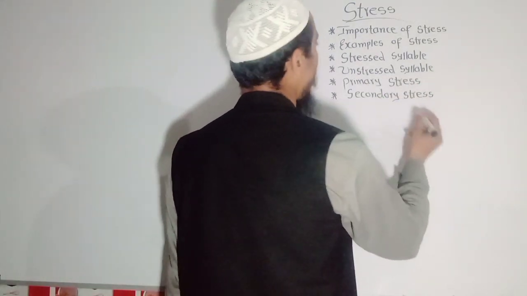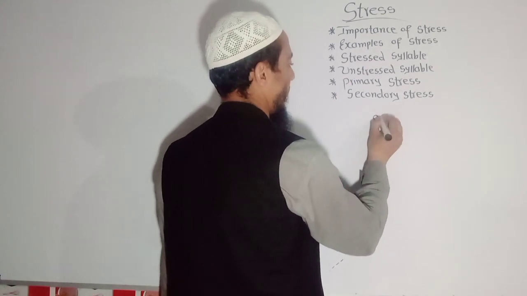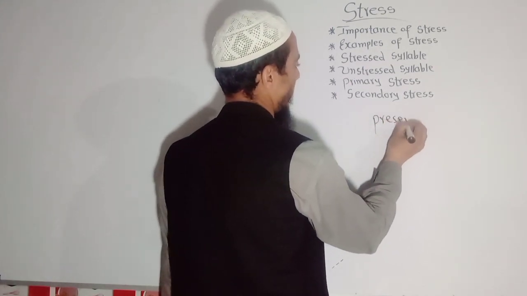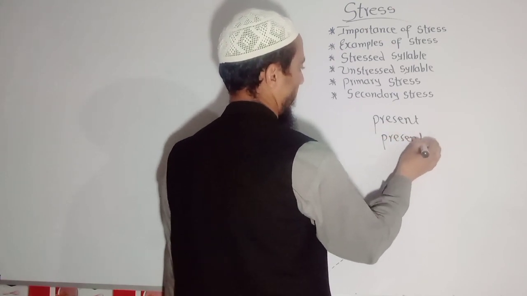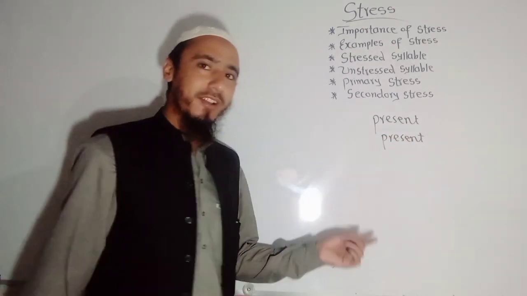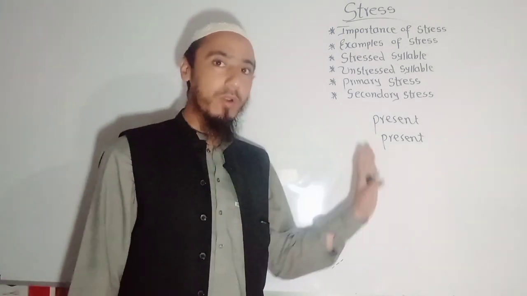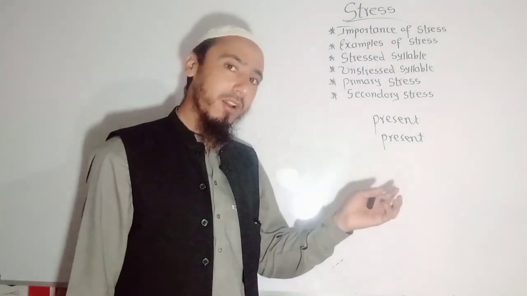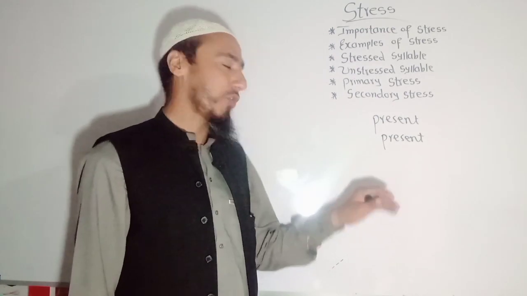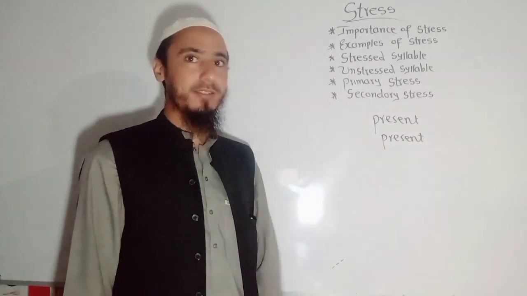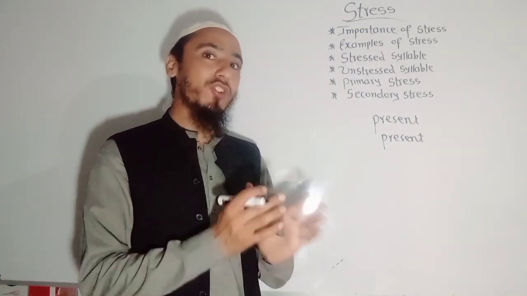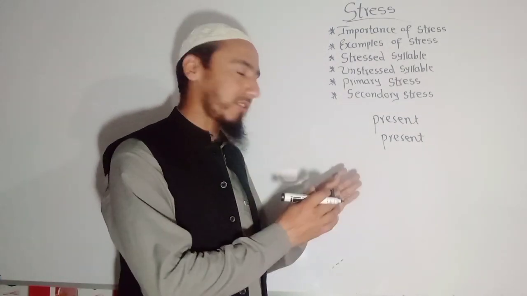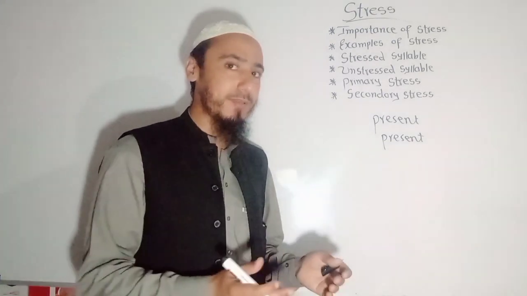Take the example of two words, present and present. Listeners and audience, you see these are two words. They are identical in spelling. However, they are different when we are talking about stress on some of the syllables.